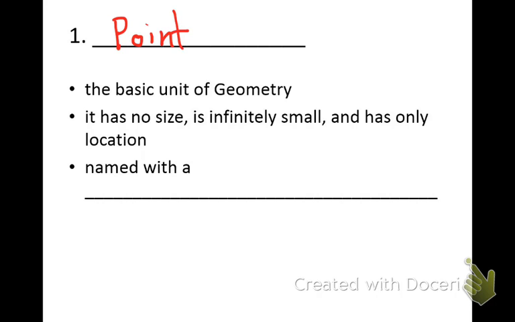It's named with a capital letter. So it's going to look like this. You've got your point, and you're going to put a capital letter next to it. Point A. All right, any questions there? Okay.